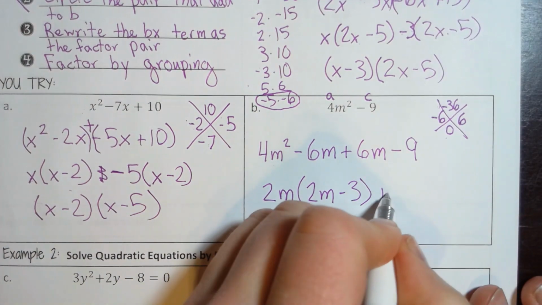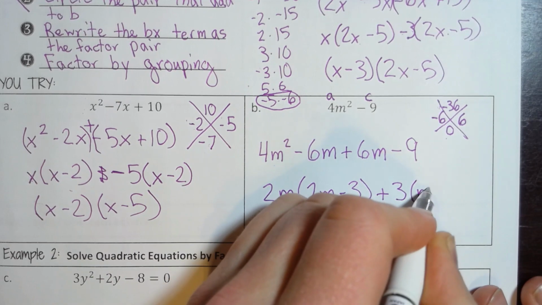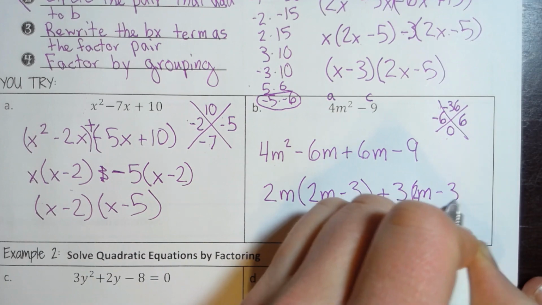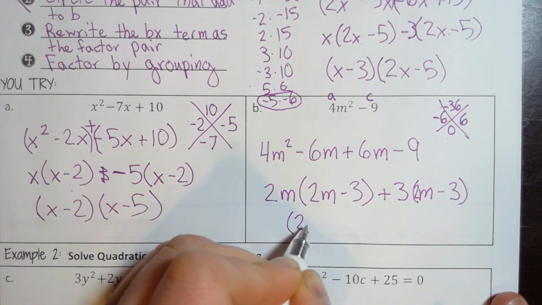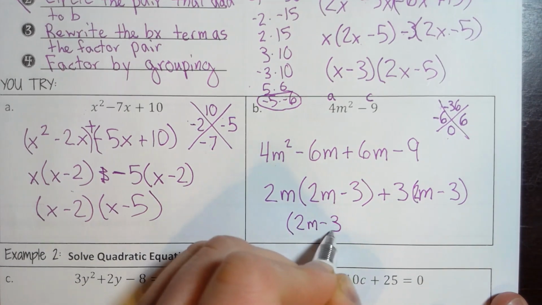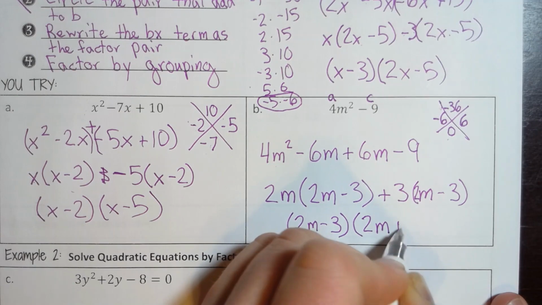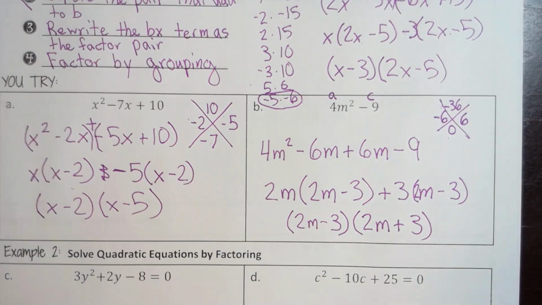And I have plus, the GCF here is 3, 3m minus, 2m minus 3. And now I've got my A times the quantity of B plus C. And there we go.